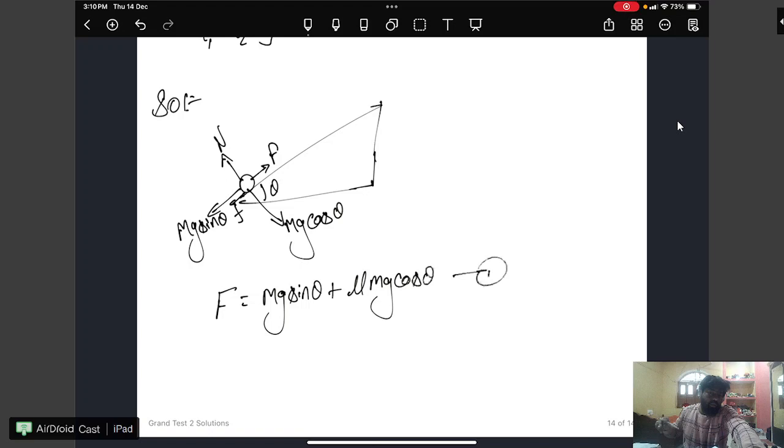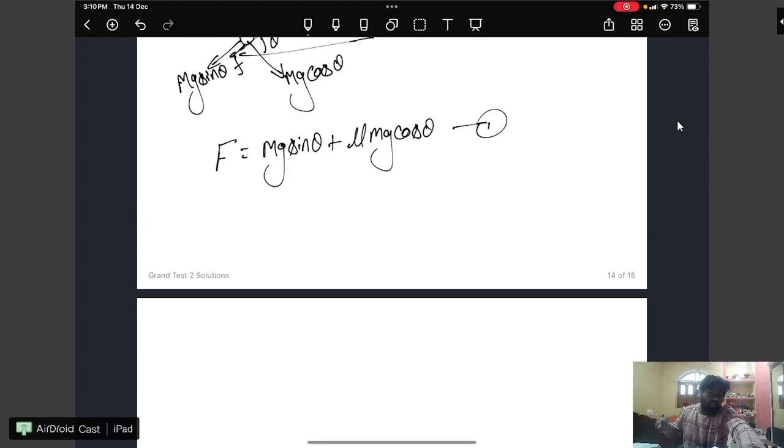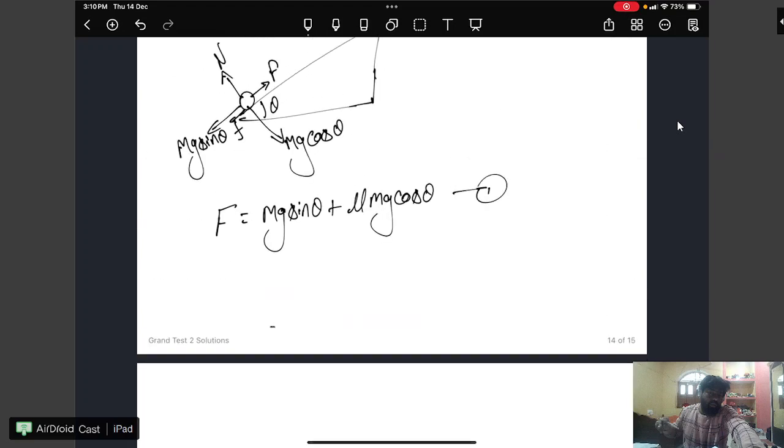Just to move up, this much force is required, and just to prevent from sliding, means if the body is here and you are applying force, it is trying to roll down, mg sin theta in this direction, mg cos theta normal.